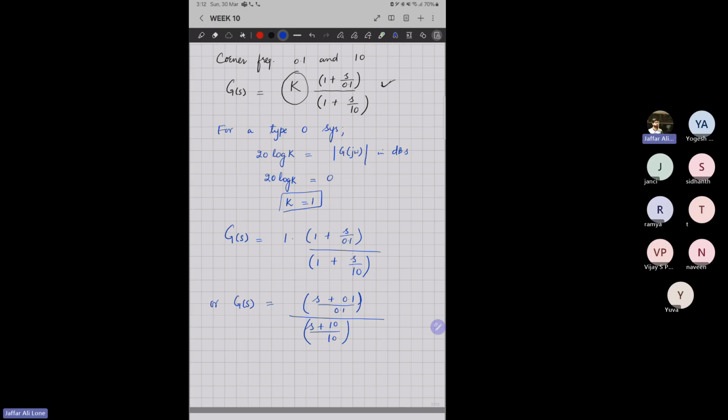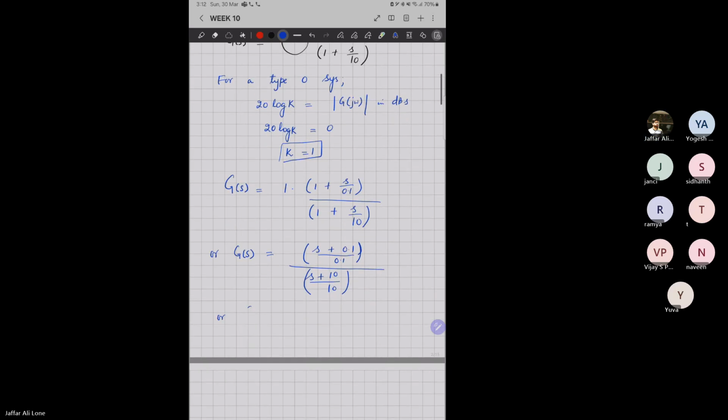So if you solve it, it will be 100 into S into, let me cross check.